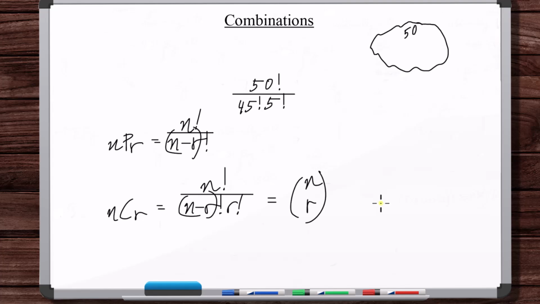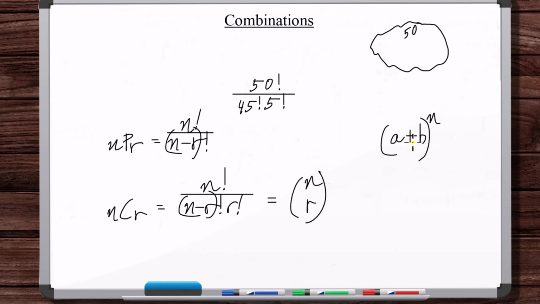And this comes from the binomial theorem. The binomial theorem allows you to expand out any binomial, like a plus b, to any power. It gives you a shortcut to be able to do this.